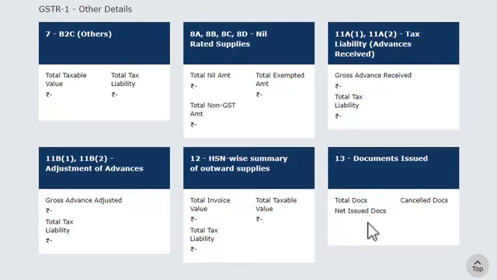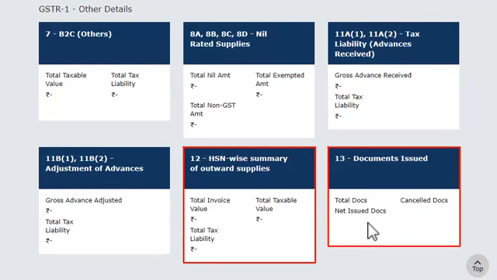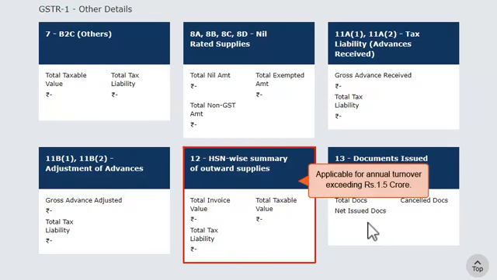Before concluding this course, I want to show briefly two more categories. These are HSN or SAC Summary of Outward Supplies and the section that captures the list of documents issued. The HSN or SAC-wise summary of outward supplies needs to be reported if the annual turnover exceeds 1.5 crore rupees.